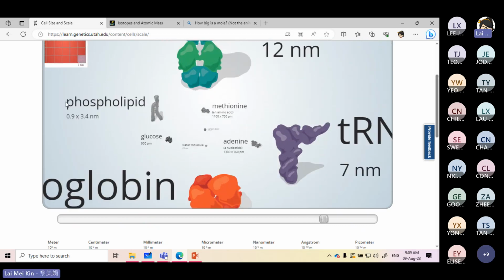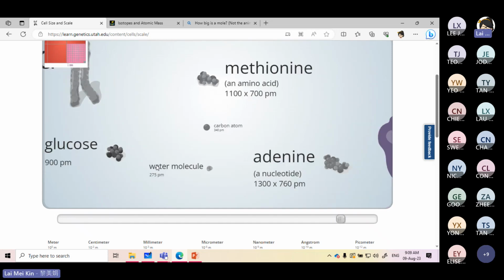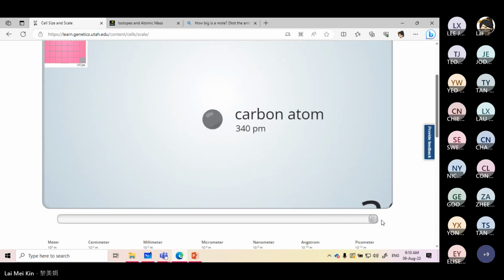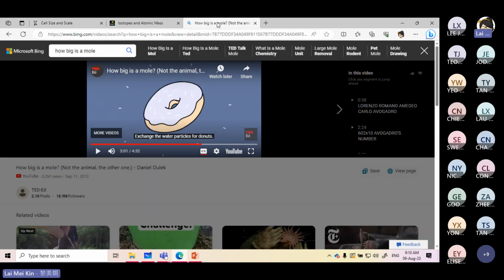Phospholipid and then glucose, which is considered a very big molecule. We are finally able to see the large molecule, glucose. And then water molecule. And then finally, carbon atom. It's so small, you have to zoom in many times, then only you're able to see the atom. Like I said, it's just to let you know how small it is if you can't imagine.